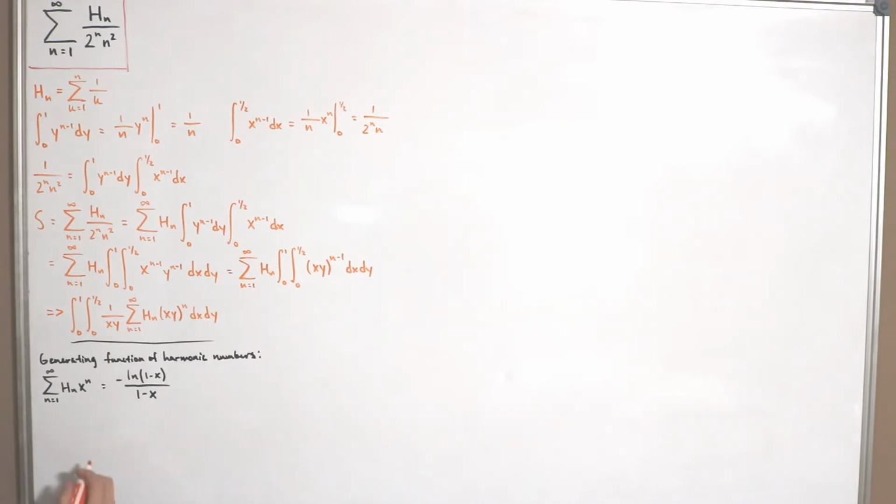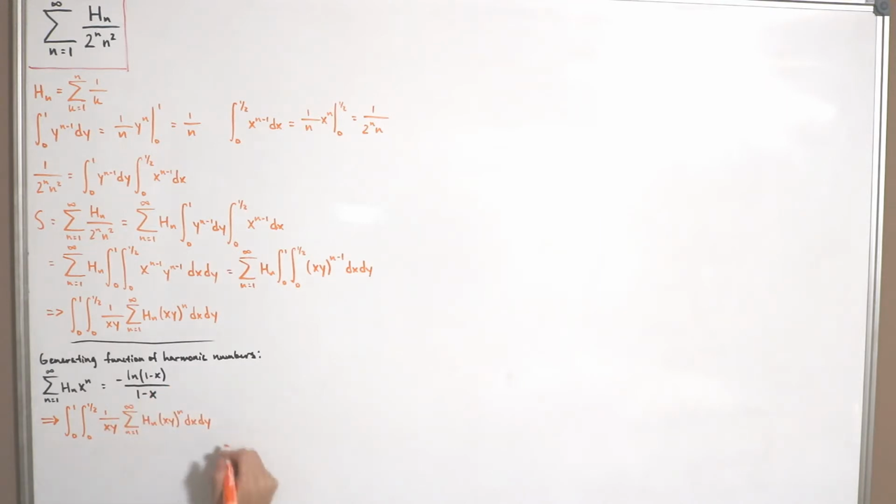So then when I do this, let me just rewrite what we have over here. So let's see, 0 to 1, 0 to 1 half, 1 over x times y, then the infinite sum, h sub n, then times y to the n, dx dy, and then just replace our generating function from over here.